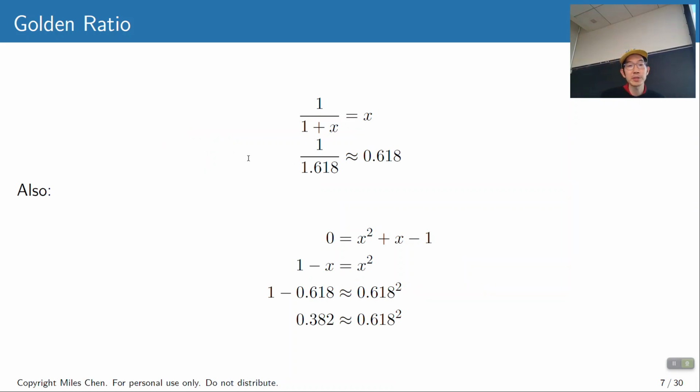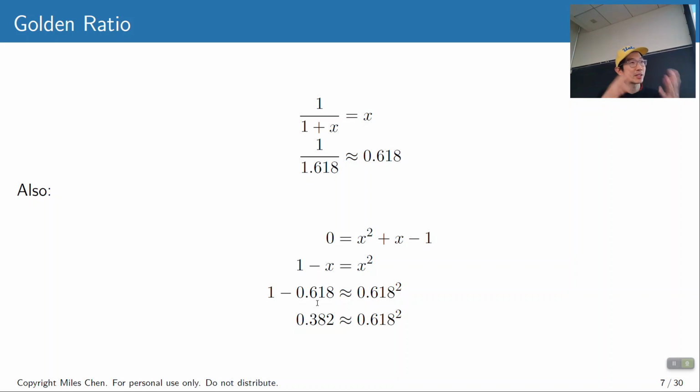Okay, so you can see that if I do 1 divided by 1.618, I get around 0.618, which is a neat thing. And the other thing is that when you do 0.618 squared, you get about the same value as 1 minus 0.618, okay?